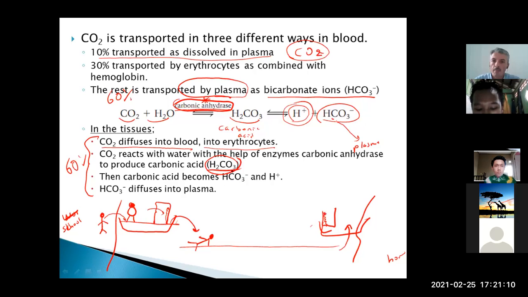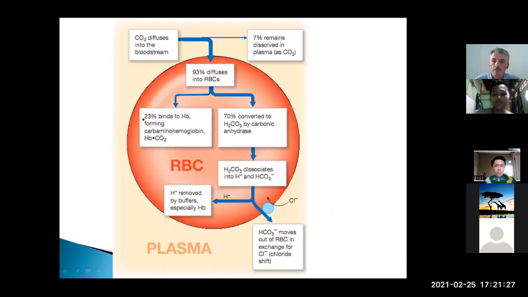It is 60%. I think definitely you'll get a question about oxygen and this, maybe 2 questions. If this is where it enters red blood cells, let's say 90% enters red blood cells.